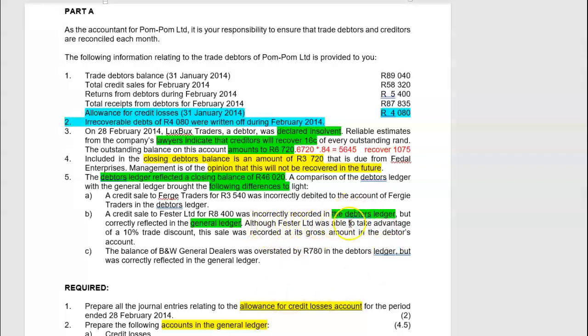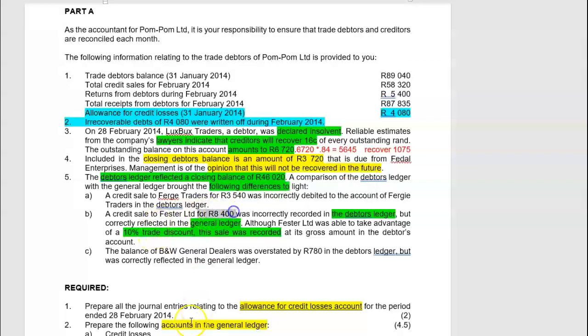Although Festa Limited was able to take advantage of a 10% trade discount, this sale was recorded at its gross amount in the debtors account. So the debtors control account was fine, but in his individual account, we have reflected 100% of the normal invoice value, and we did not make provision for this 10% trade discount.